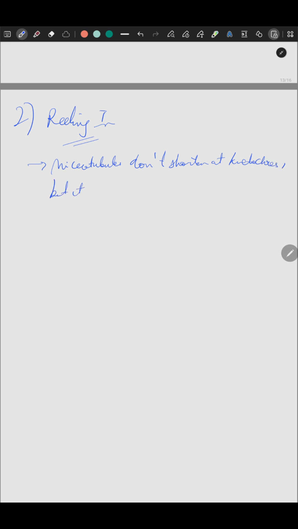Now the second mechanism was reeling in, which means here microtubules don't shorten at the kinetochore, but they get shorter at the spindle pole. For example, see, this is the centrosome.